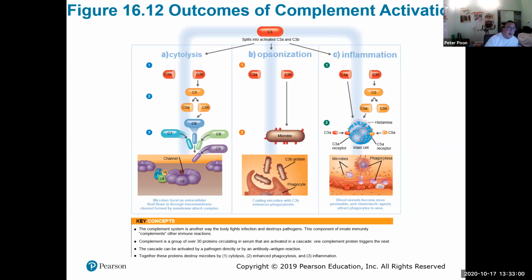The other thing is the complement factors themselves are opsonins. Like antibodies, they attract macrophages. And last one, the C3a actually activates inflammation responses.